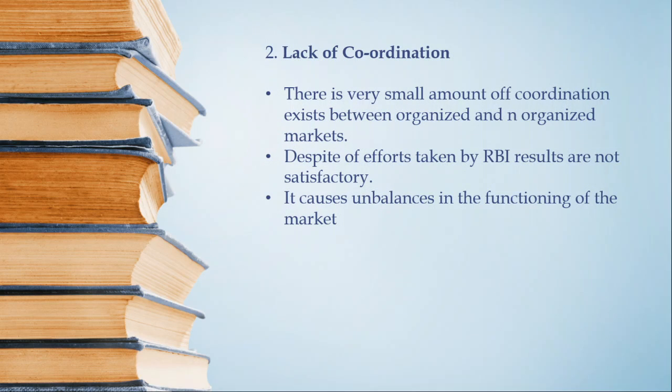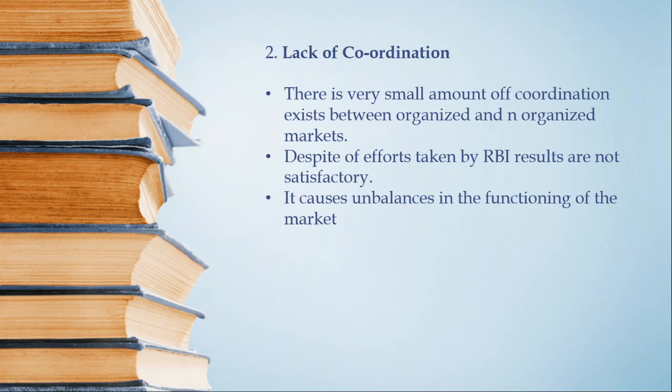Now the second point is the lack of coordination. Coordination is the key cause of destabilization in the money market. A very small amount of coordination exists between the organized and unorganized sectors. Despite efforts taken by the RBI, results are not satisfactory.